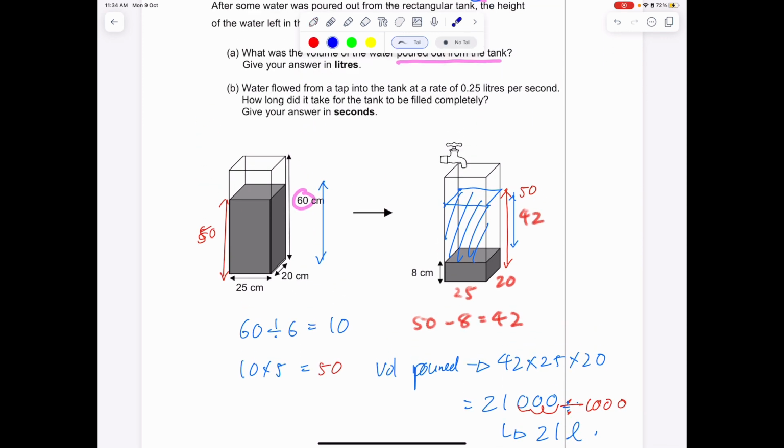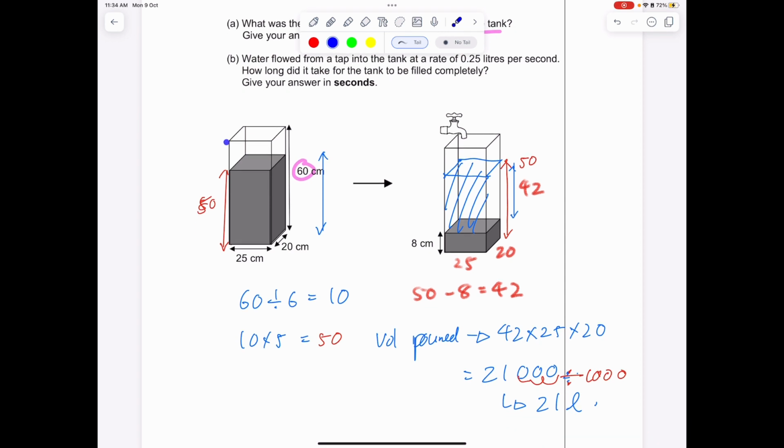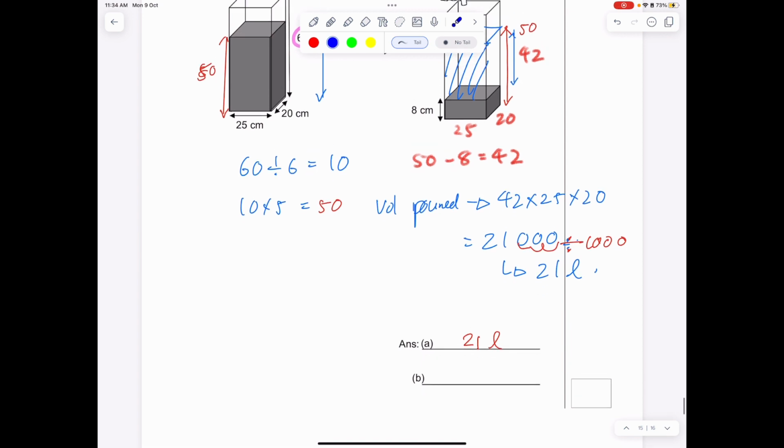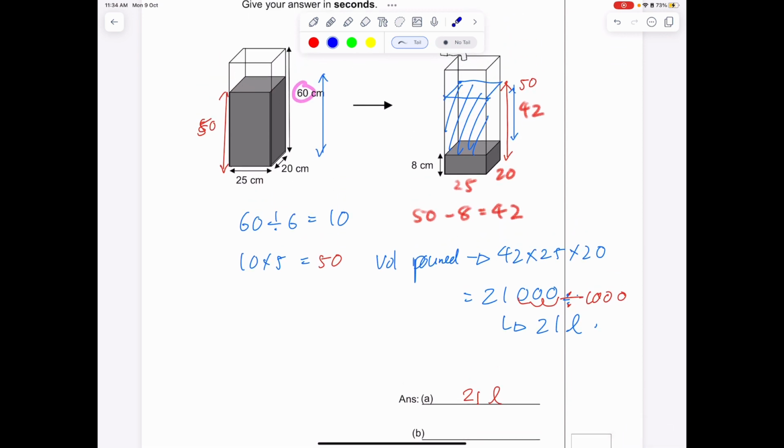Okay, then B. So they then said that water flowed from a tap into the tank at a rate of 0.25 liters per second. How long did it take for the tank to be filled completely? Give your answer in seconds. So we first need to realize what is the height of the unfilled tank. Right?